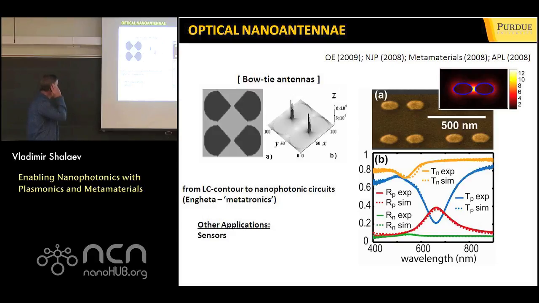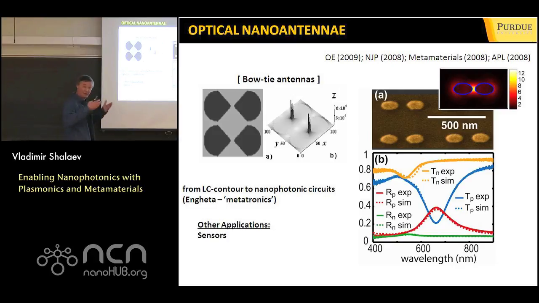This is just a brief recapitulation that what plasmonics enables is confinement of light down to nanoscale, and here you could see some examples realized in our lab. So you could make this bow tie-like antenna with exceptionally small gap in between, and the local field in the gap between these two metallic parts could be 4 to 5 orders of magnitude in terms of intensity higher than the intensity of the incident field.